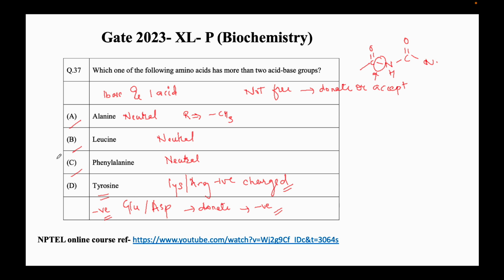There won't be many questions on these neutral amino acids, but always be aware of the charged amino acids, and it is very simple to remember their structures. So the answer is tyrosine. Which amino acid has more than one acid base group? We have one extra acid group in tyrosine, as it is negatively charged. Thank you.